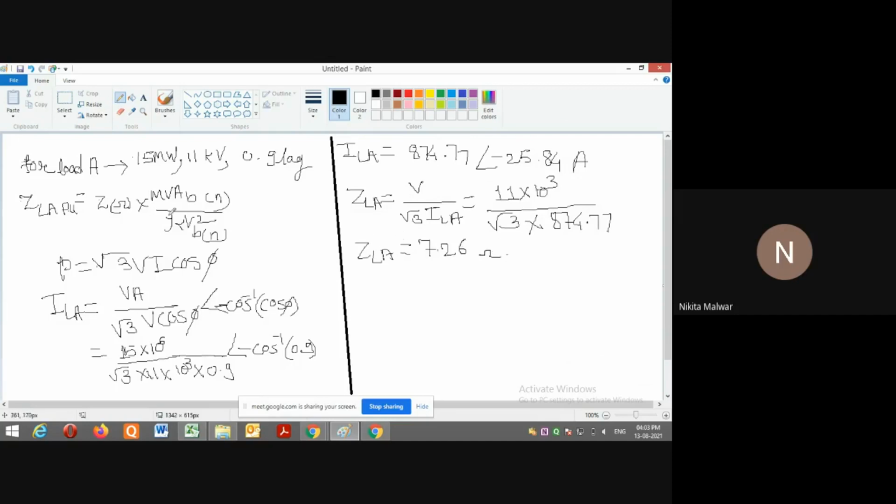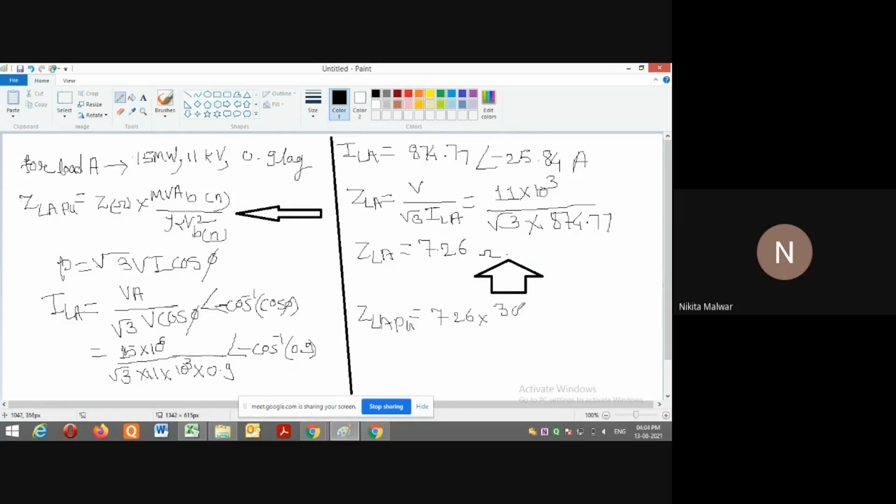Now put this value in this equation. So we will get ZLA per unit equal to 7.26 multiplied by, what is your MVA base new?